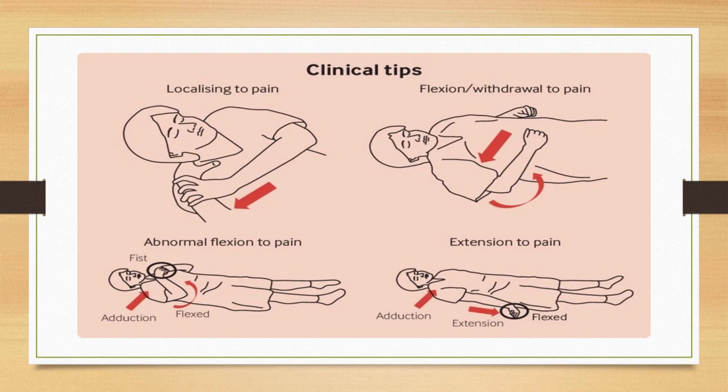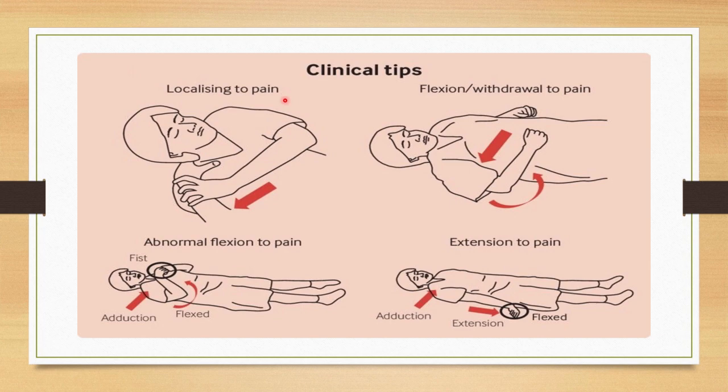This picture will clearly tell you how to give the score based upon the motor response of a patient. As I said, the maximum score is 6 and the minimum score is 1. So if the patient is obeying your commands, you can give a score of 6.